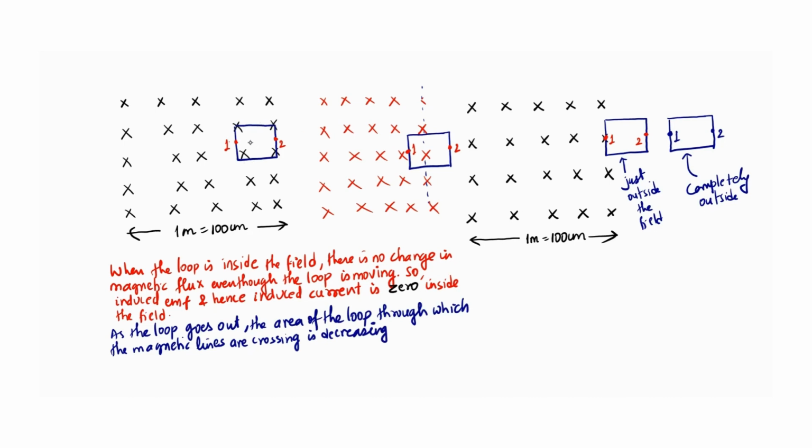In this situation, the area of the loop is maximum, so we find maximum magnetic lines crossing through this area.